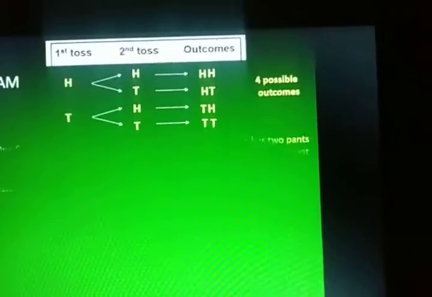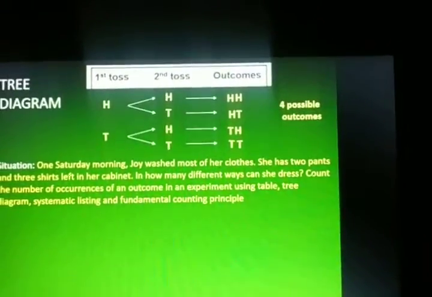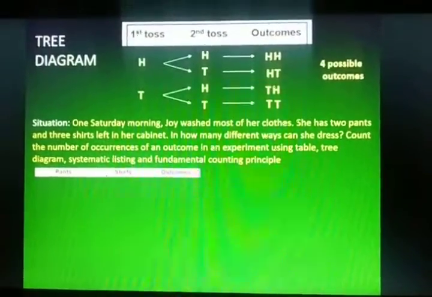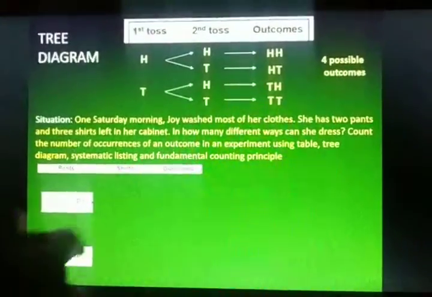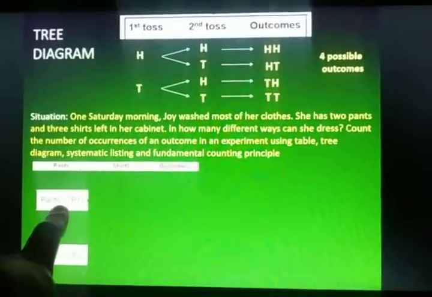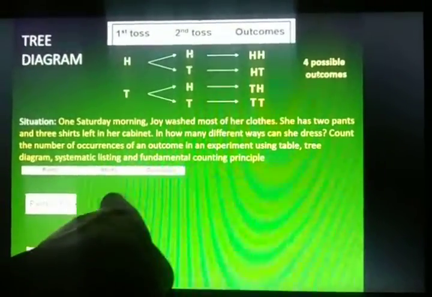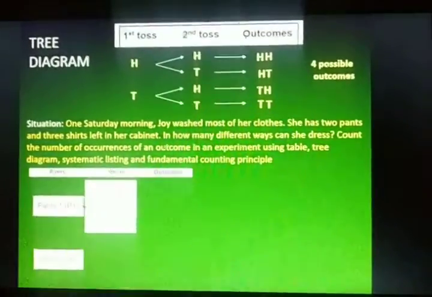Next, in the situation of Joy earlier, she has 2 pants and 3 shirts. So, for the first, list pants below. How many pants do we have? We have 2 pants. So, we have there pants 1, pants 2. For the shirts, pants 1 can be paired with how many shirts? 3. So, you should have 3 branches. We have there shirt 1, shirt 2, shirt 3.